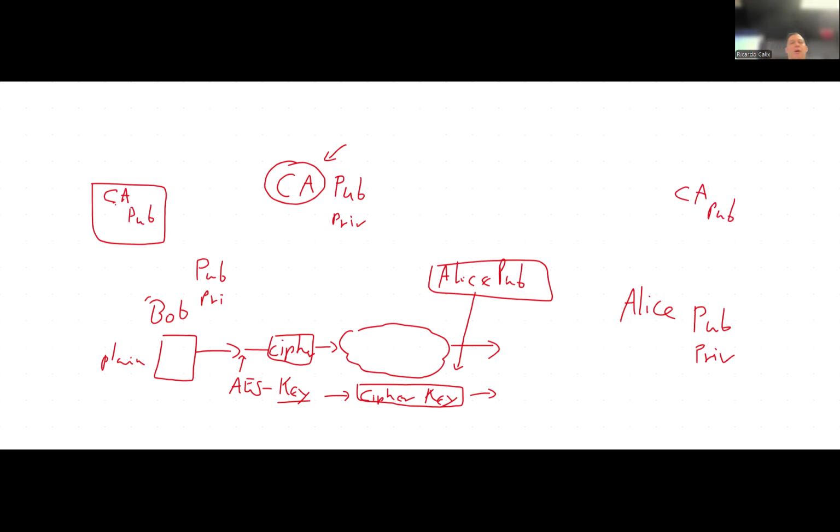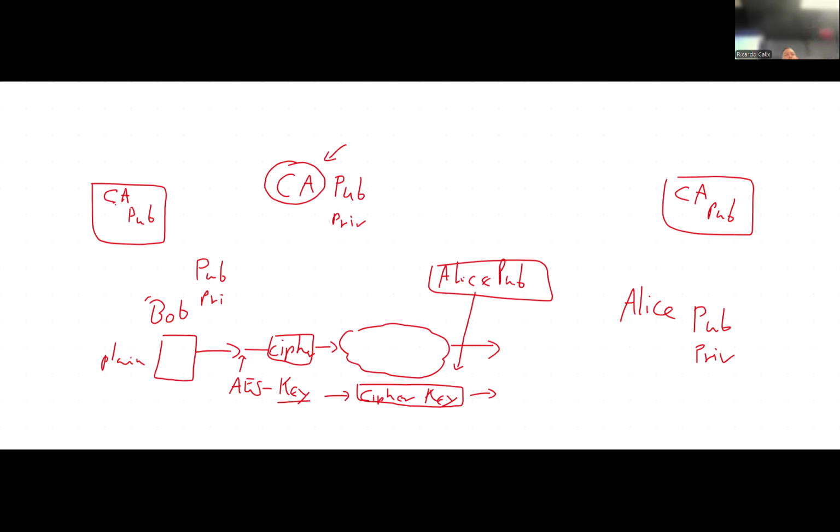And then now Bob needs to, so how does it work? In this case, you have Alice pub, and Bob is going to use it, but Bob needs to trust it. And how is Bob going to trust this? Bob does trust the CA. That's the key.